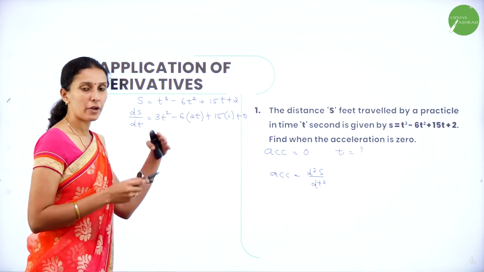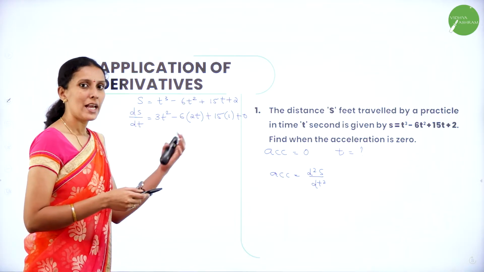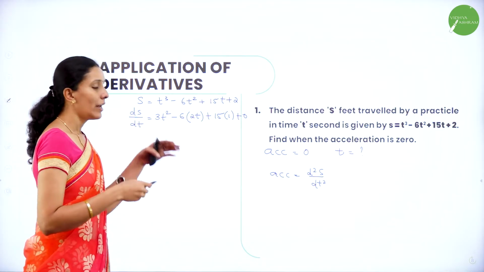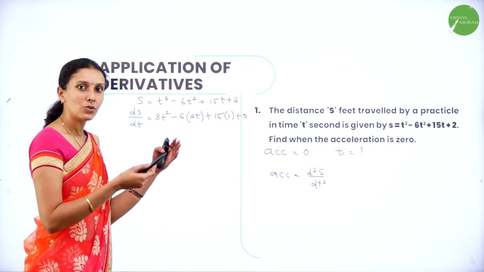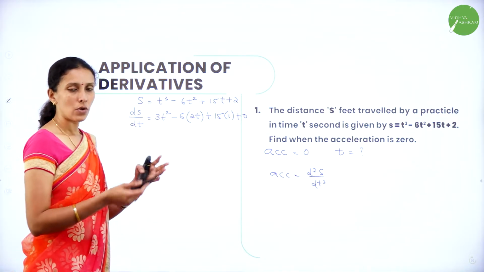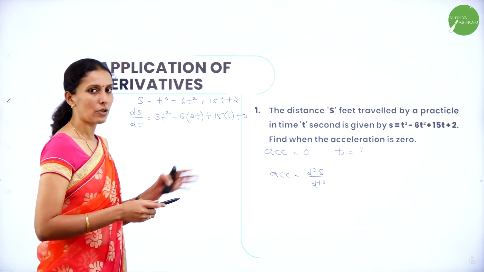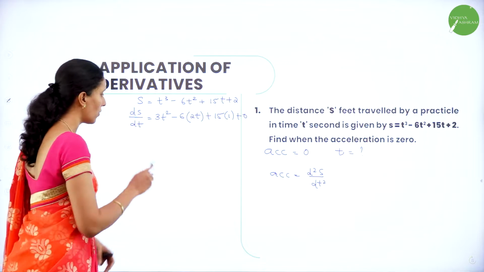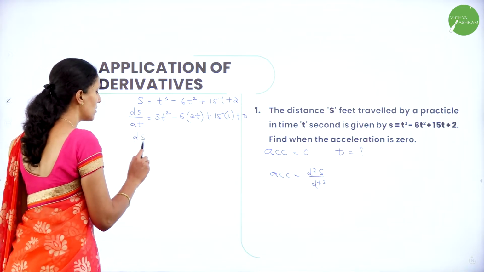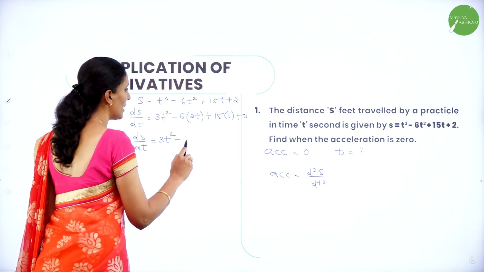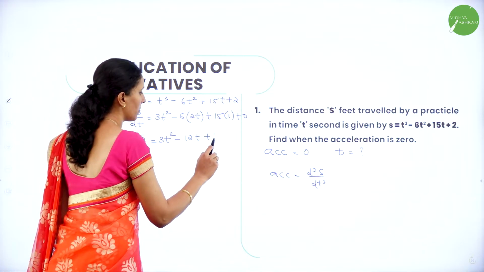When you have x cube, you write it as 3x square, and the derivative of x is 1. Since you are differentiating t with respect to t, it is the same as you have learned for x. Now the derivative of any constant is 0. So ds by dt is 3t square minus 12t plus 15.